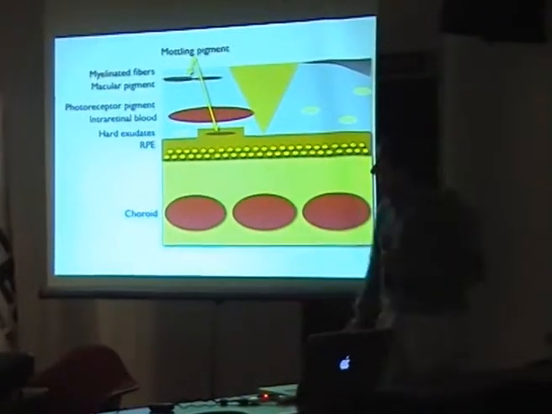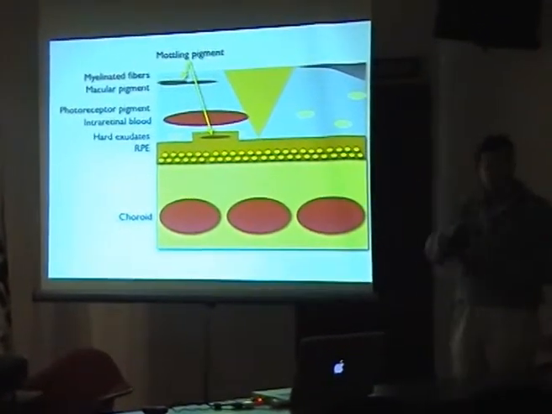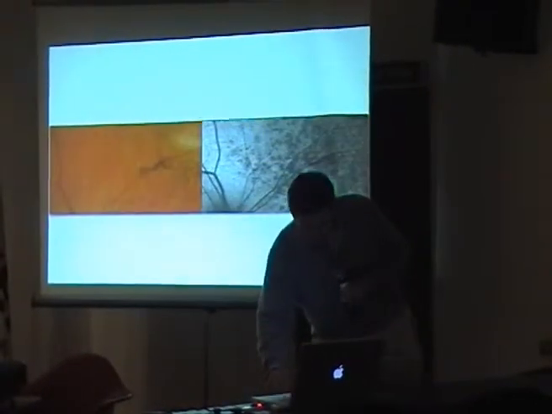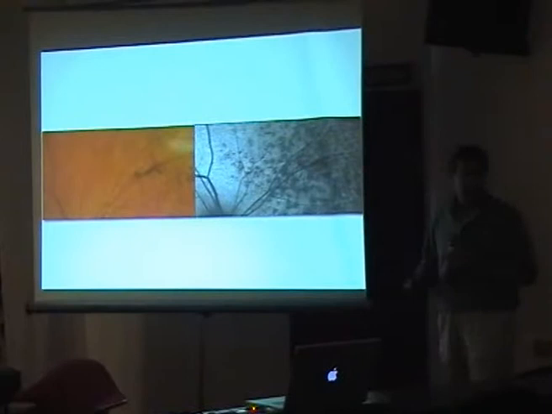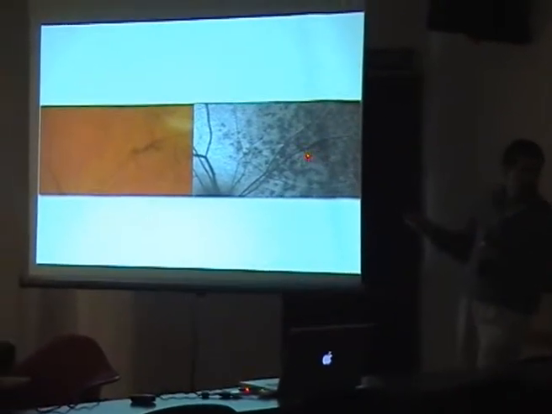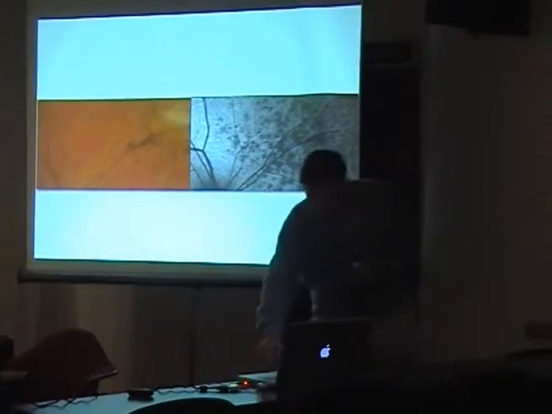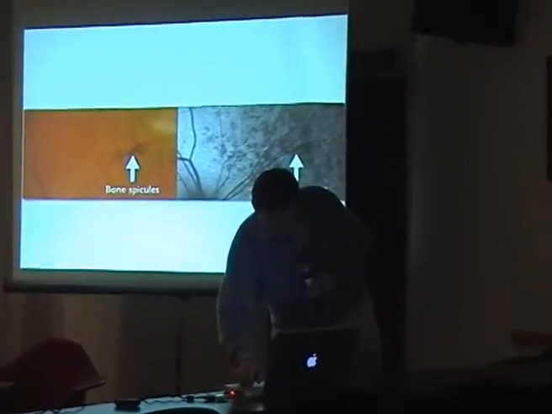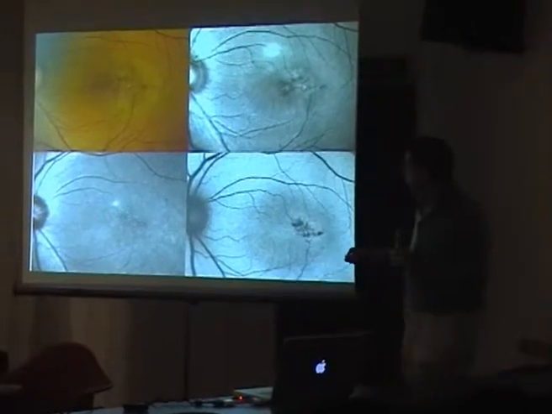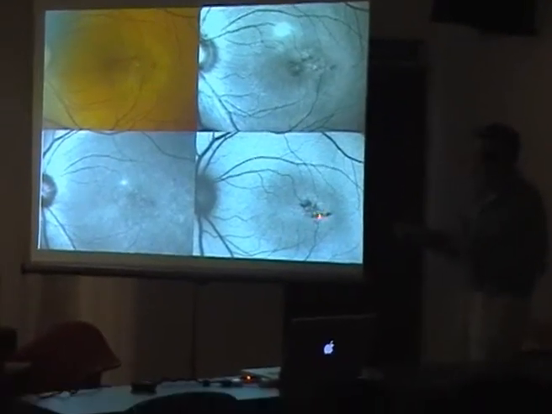Then you have mottling pigment, and here it can be something different. For example, retinitis pigmentosa is black. Juxtafoveal telangiectasia is black.